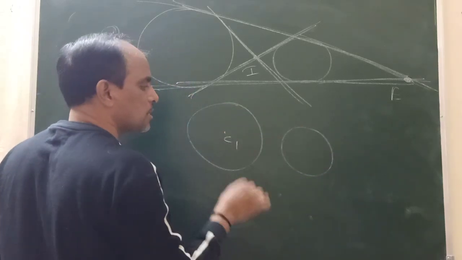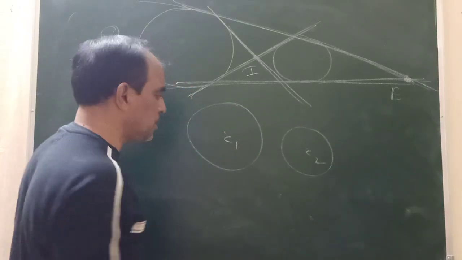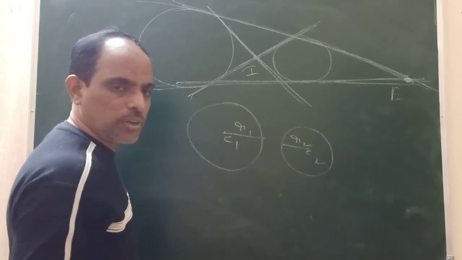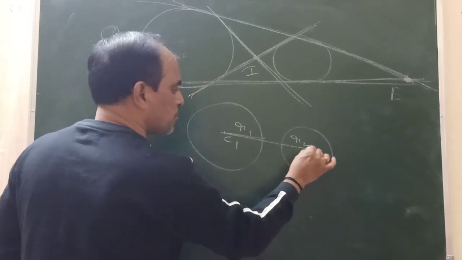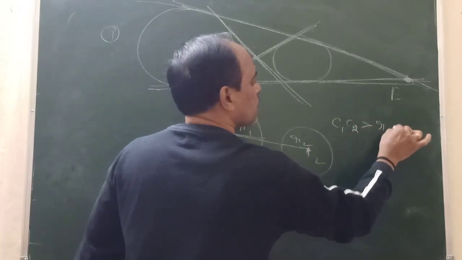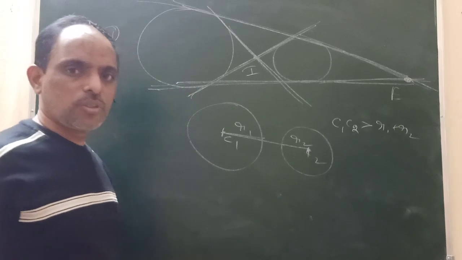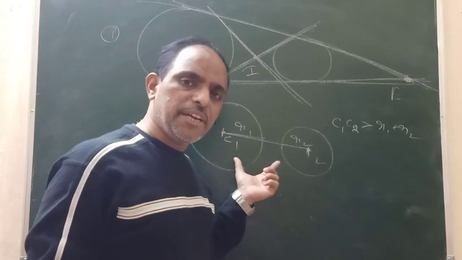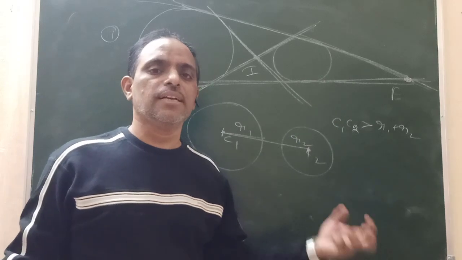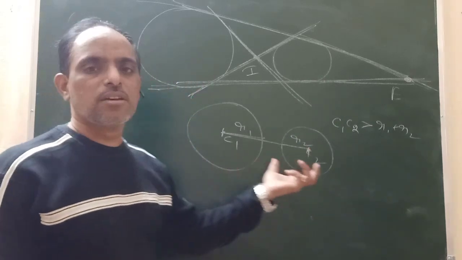So let us suppose this is the center C1 with radius R1 and this is the center C2 with radius R2. Now you see, the distance C1C2 is greater than R1 plus R2. So if the distance between two circles is more than the sum of the radii of the given two circles, then the two circles neither touch nor intersect.